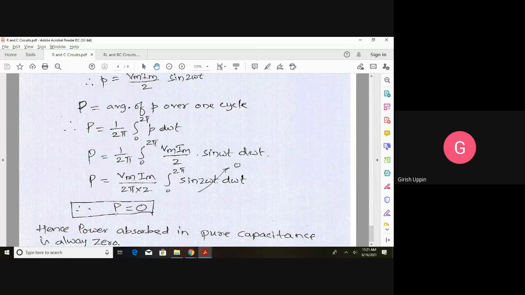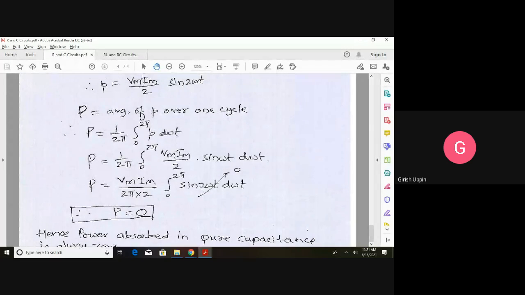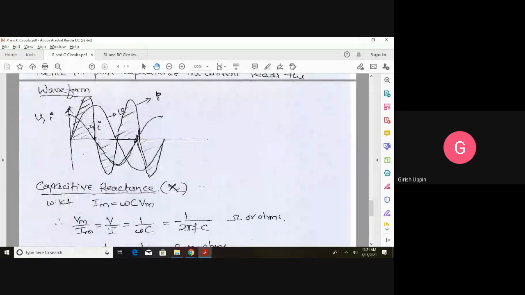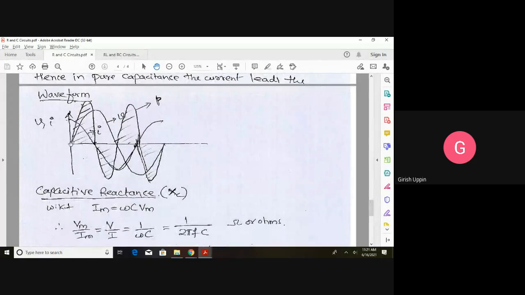And just to represent this sin 2 omega t, we know sin omega t. I will show you the waveform. Just intuitively we will understand why it is 0. This is sin omega t. V is equal to Vm sin omega t. When I say sin 2 omega t, frequency is doubled.